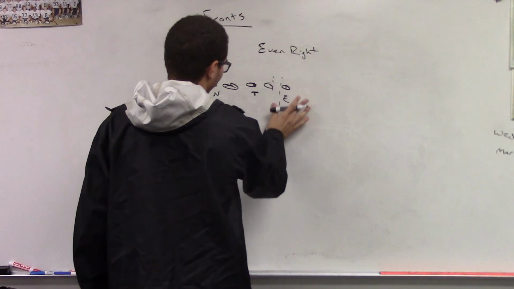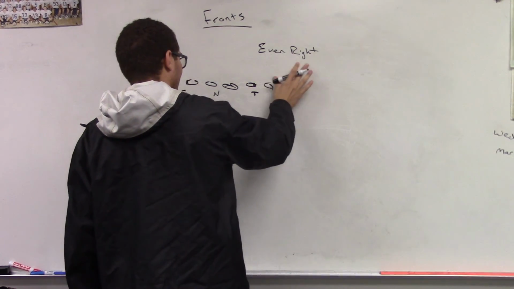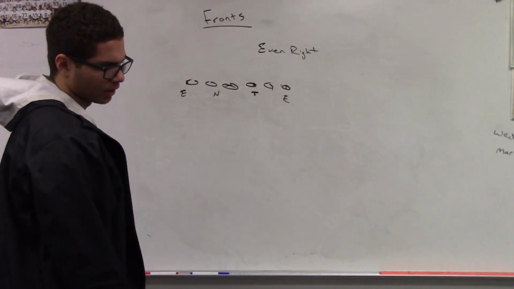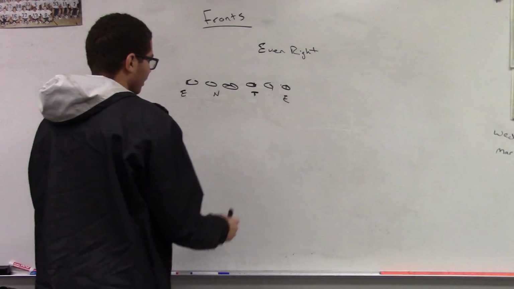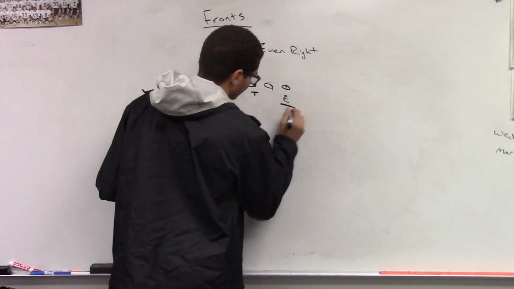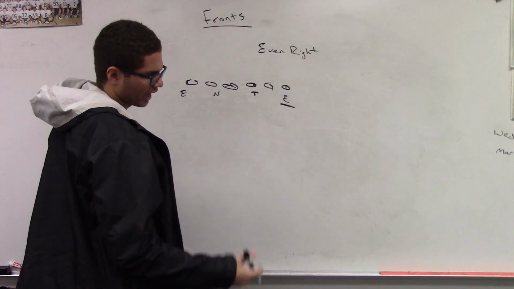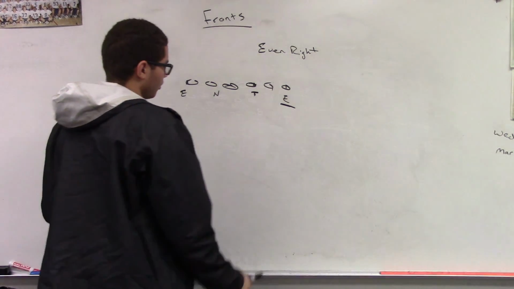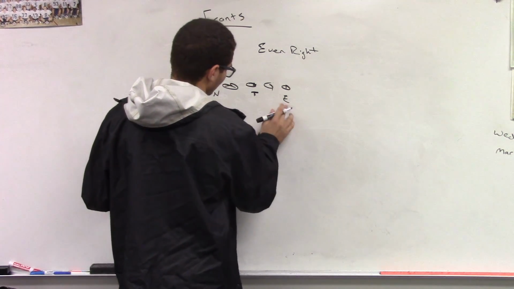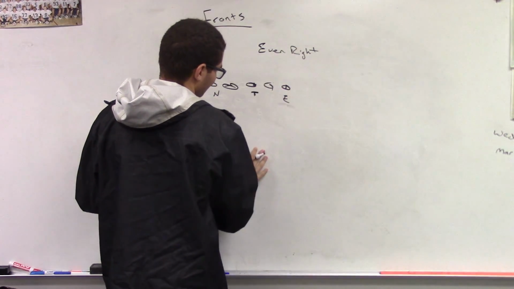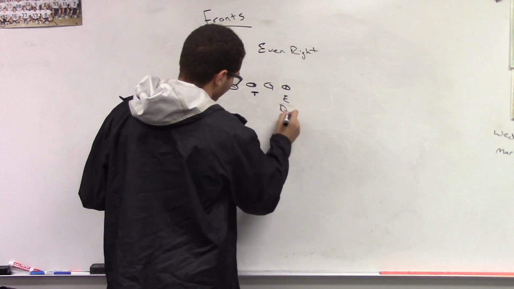I don't care whether it's an even right or even left call. I just care whether or not there's somebody in the gap adjacent to me. In this situation, there's no one in the gap adjacent to me because I lined up head up in an 8 technique, so now I'm a deuce defender.